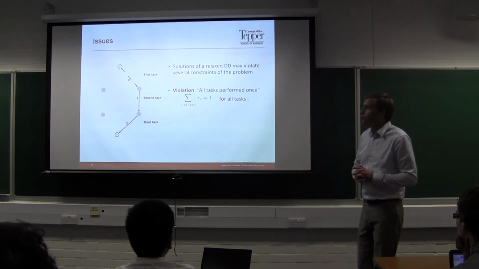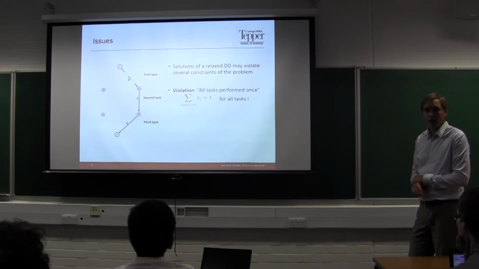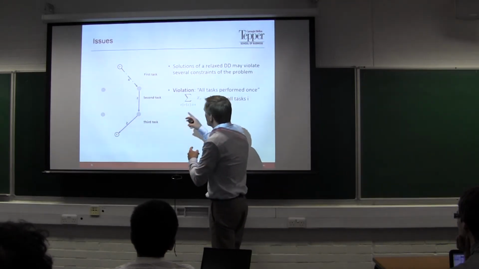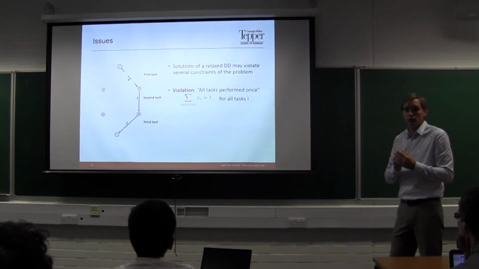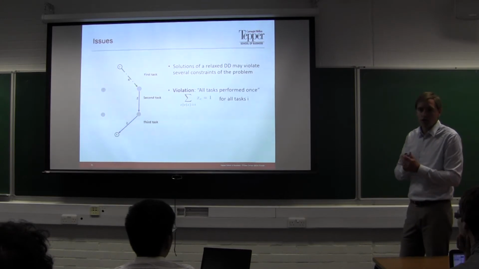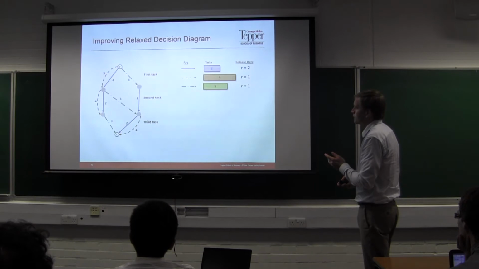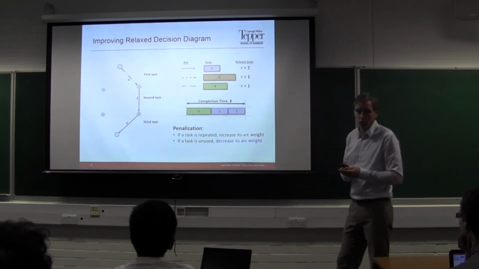So to your question, how do I update that? Well, if you're familiar with the Held-Karp bound, I can count how often a task is repeated and how often a task is not used. So if a task is repeated, I'm going to increase its weight.